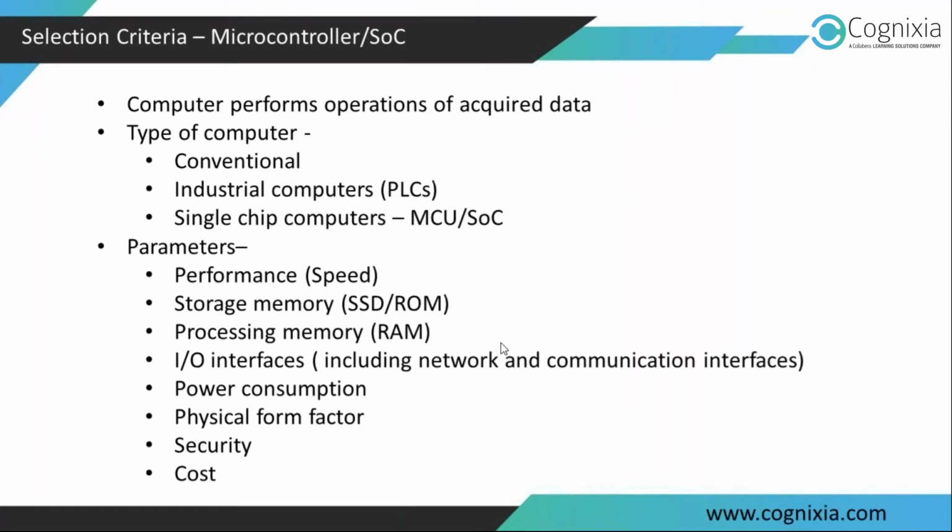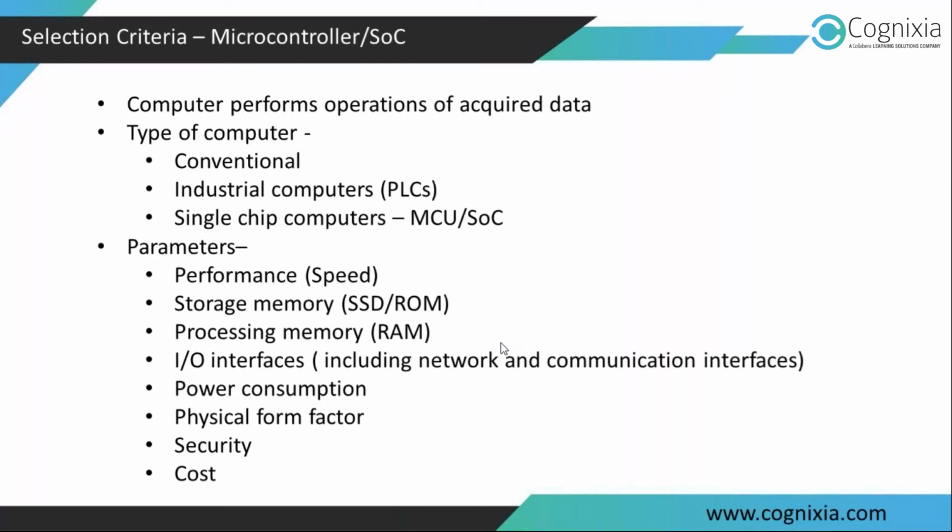Okay, I/O interfaces, and this is again a critical parameter, because you are going to build a connected product, right? Most of the MCUs and SoCs nowadays come with on-chip communication interfaces, and wireless is the predominantly used connectivity technology, right?